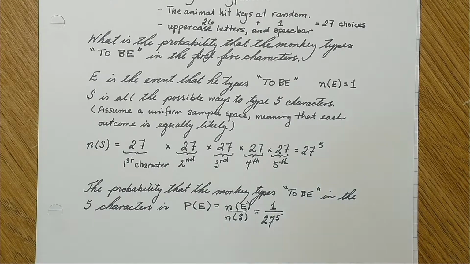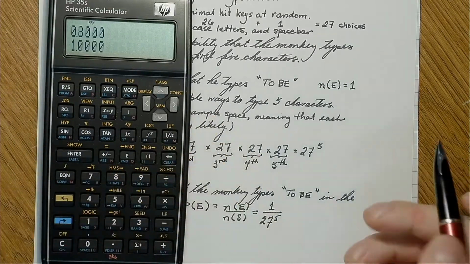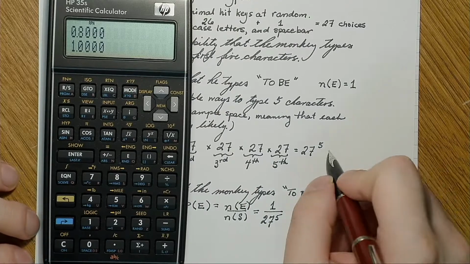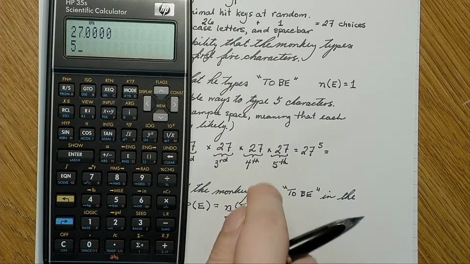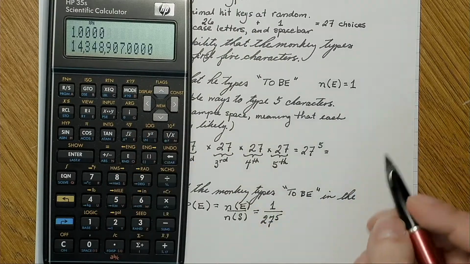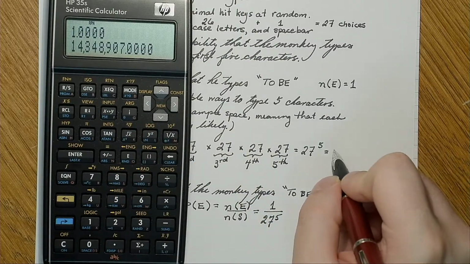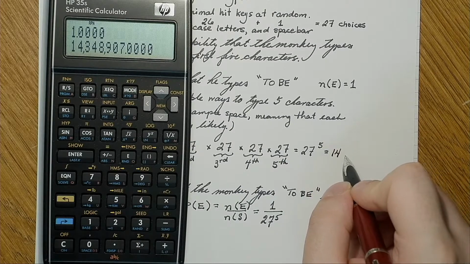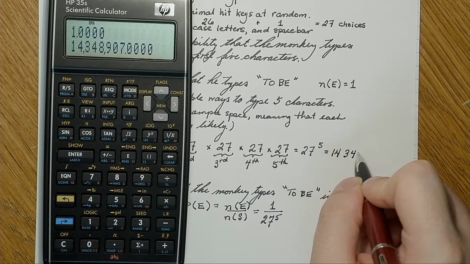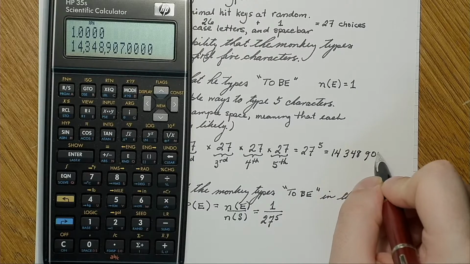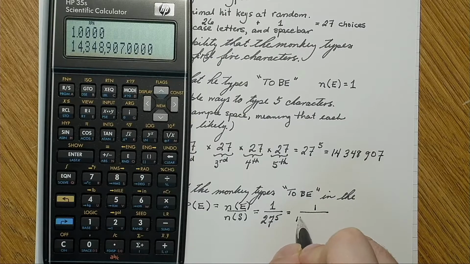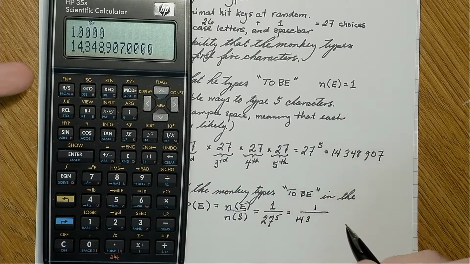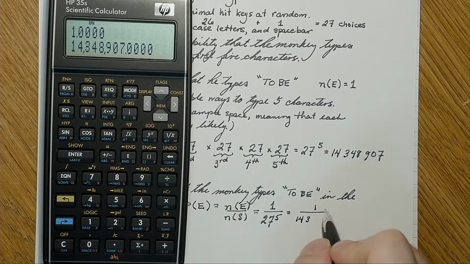And if you want to know what that is numerically, let's pull out a calculator. 27 to the 5th is 14,348,907. I don't expect you to use the calculator on that.